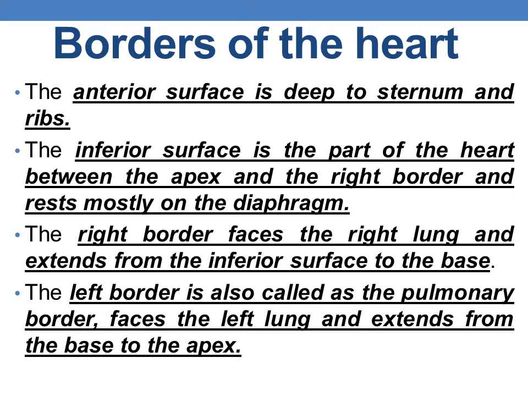Now coming to the borders of the heart. The anterior surface is deep to the sternum and ribs, whereas the inferior surface is the part of the heart between the apex and the right border, and it rests mostly on the diaphragm.